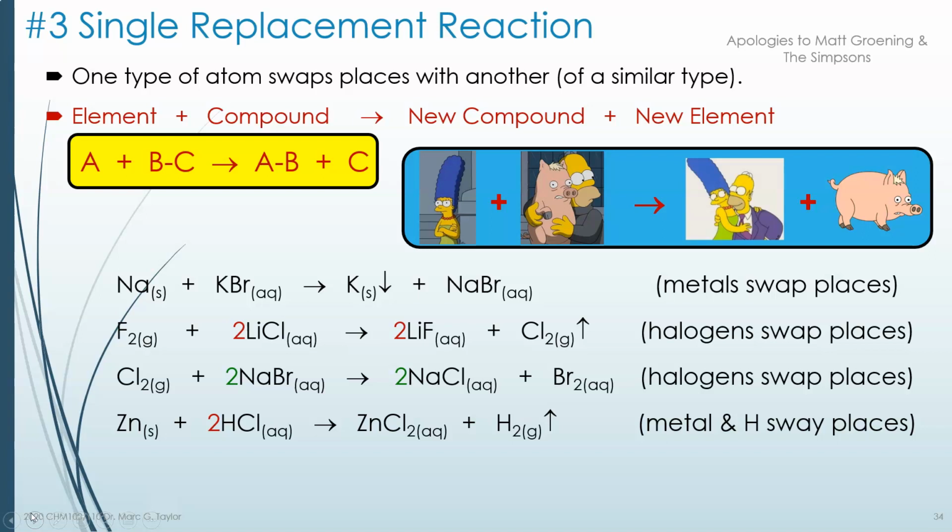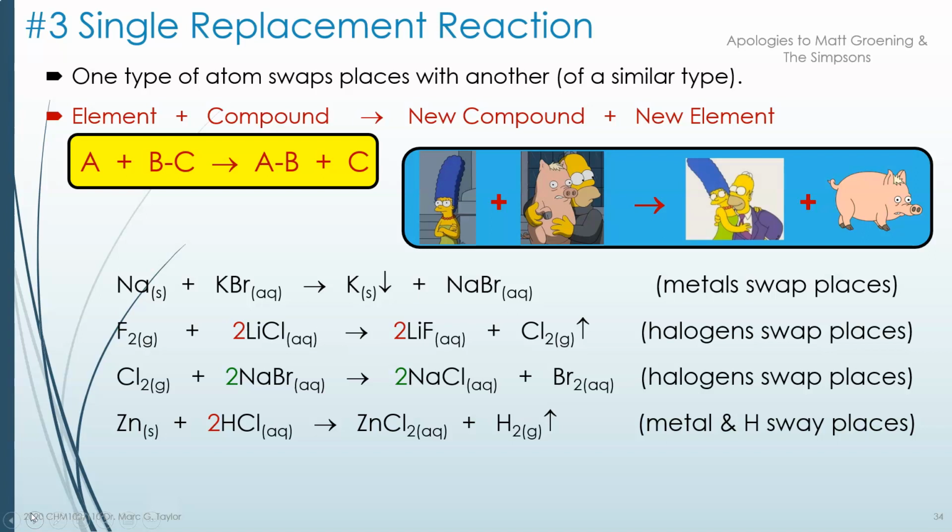So in this case, the hydrogen in HCl is a cation that will swap places with zinc, which can form a cation. So anytime you see zinc and an H on another molecule, that other molecule is probably an acid, and in this case, this HCl is hydrochloric acid. The zinc and the H will swap places. You'll end up with zinc with the chlorine instead, and hydrogen by itself. Remember, when you're forming a new element, the element will be produced as its own elemental form.